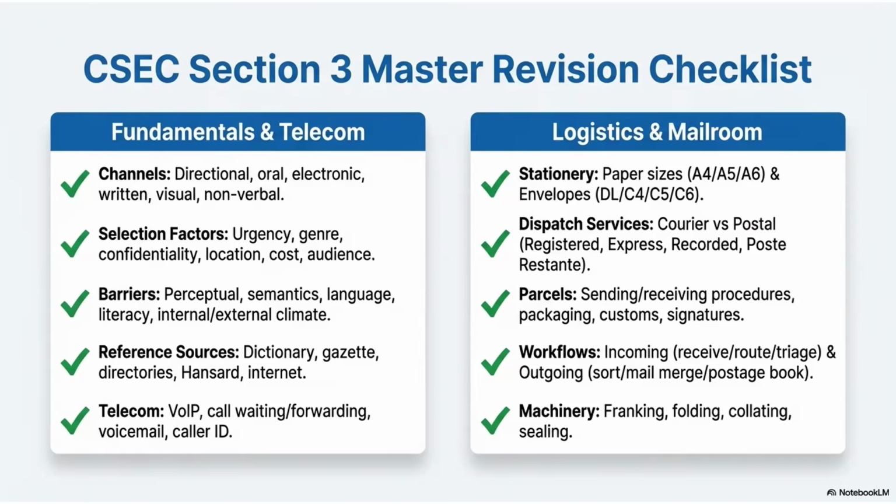The different types of communication, how we select it, barriers, different reference sources, info and telecom, different types of stationery, different couriers, how to deal with parcels, flow, different machinery, everything.